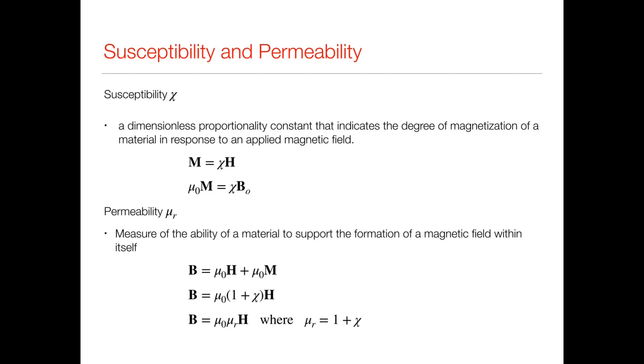When is mu r particularly useful? When we're dealing with permanent magnets. In those cases, the susceptibility can be thousands, tens of thousands, hundreds of thousands, and mu r then can be appreciably different from 1. So mu r is a useful parameter for permanent magnets, and the susceptibility chi is most useful for non-permanent magnets.